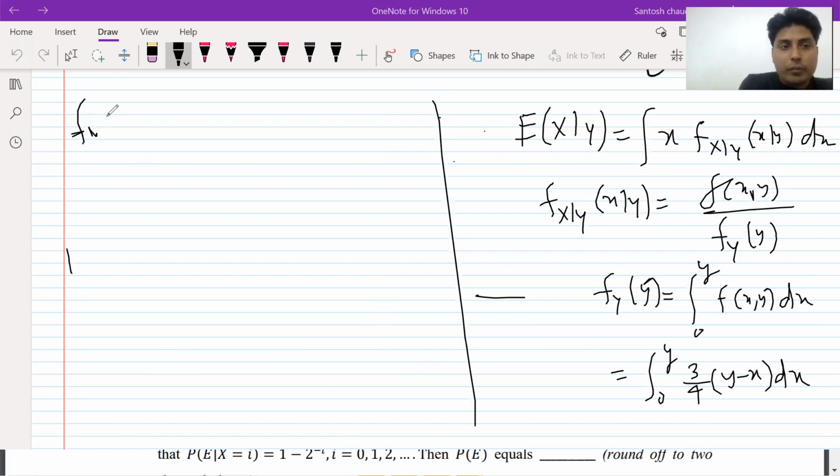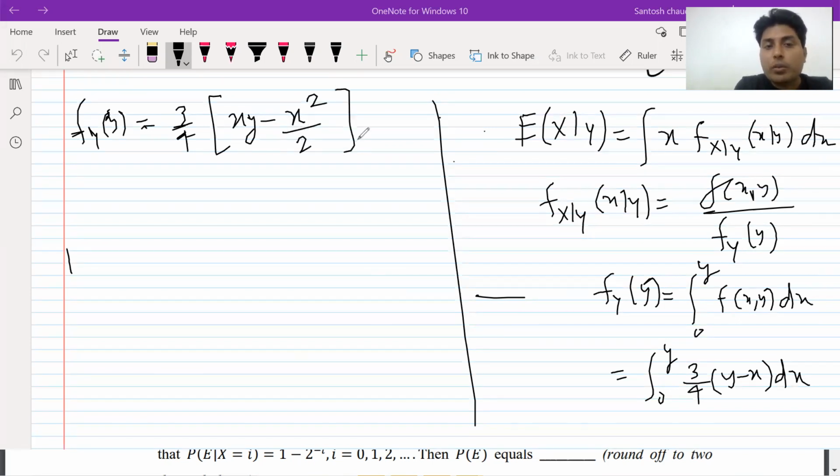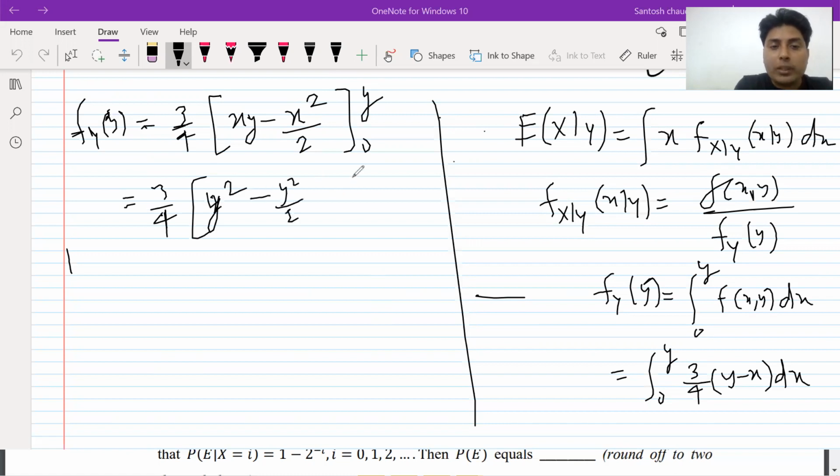So fy of y I will get is 3 by 4 as it is, integral of y with respect to x, because y will be treated as a constant. Integration of x is x square by 2, limit 0 to y. So 3 by 4 times (y square minus y square by 2). So finally 3 by 4 into y square by 2, so 3y square upon 8. This is actually the marginal PDF of y.